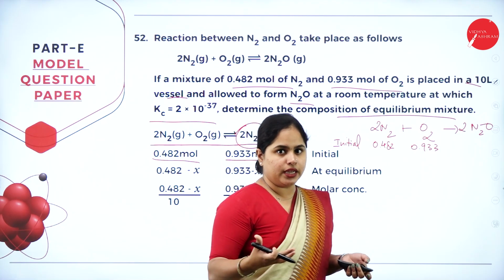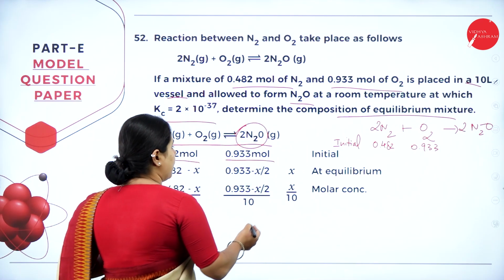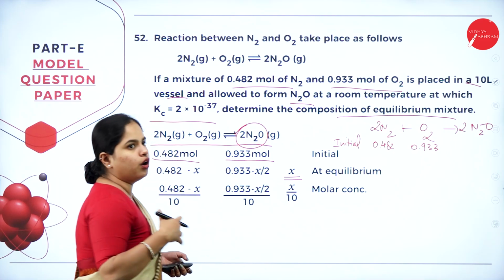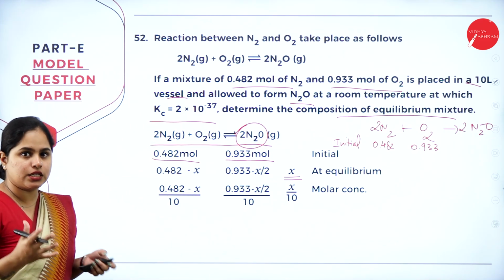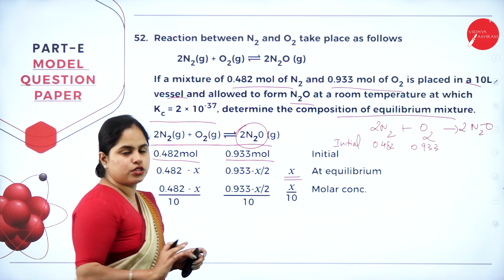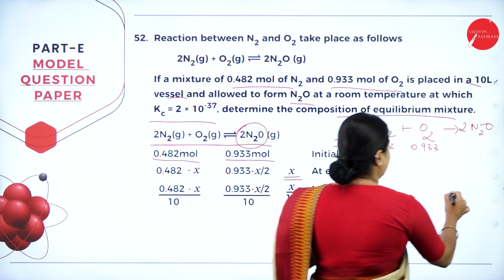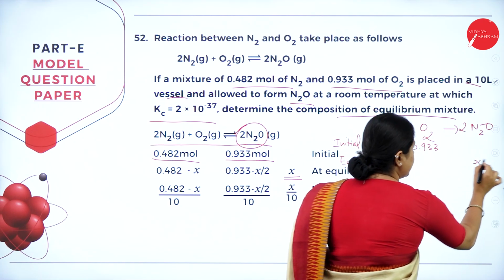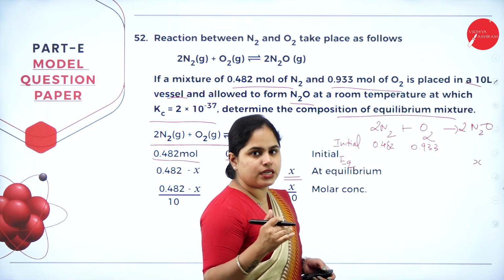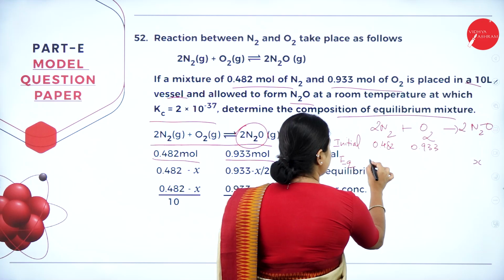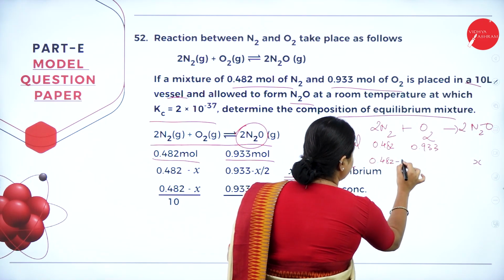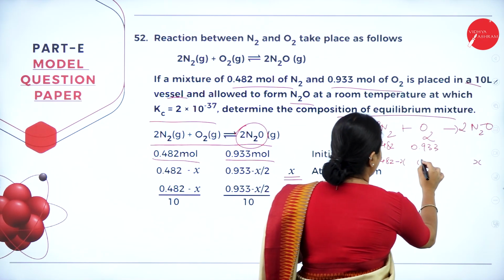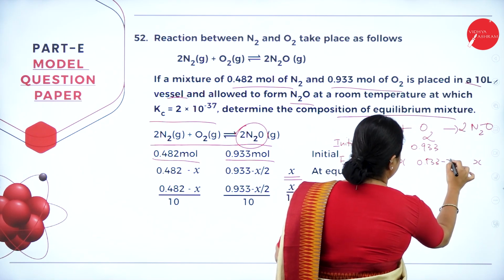Let us assume that X amount of N2O is formed at equilibrium. If X is formed, how much will be reduced from here? 0.482 minus X it has reduced, and 0.933 minus X it has reduced.